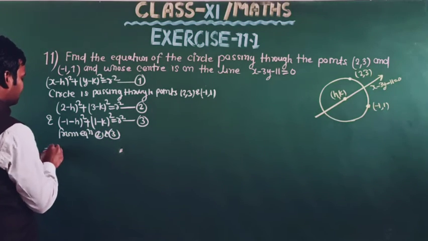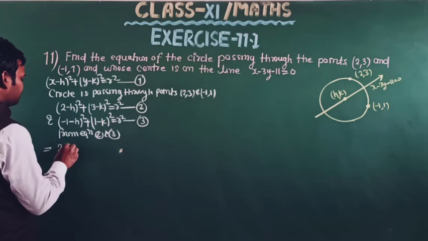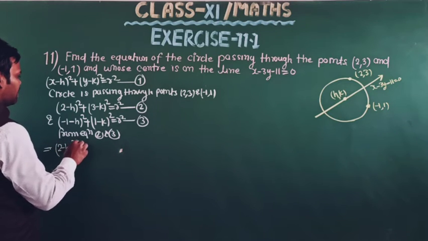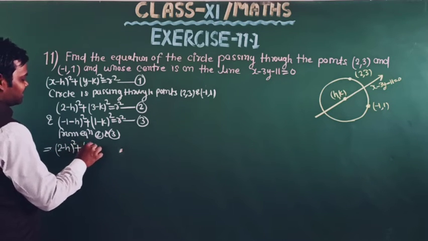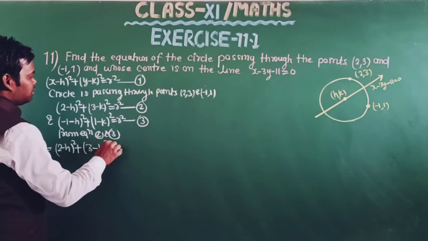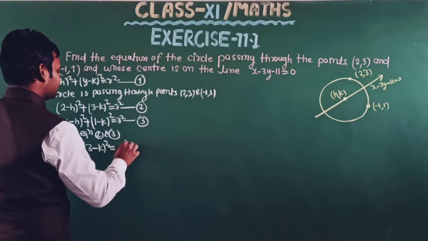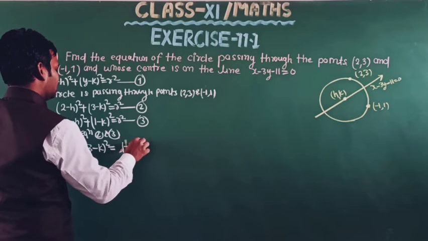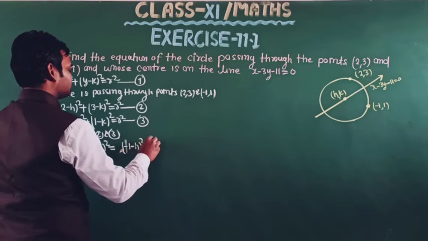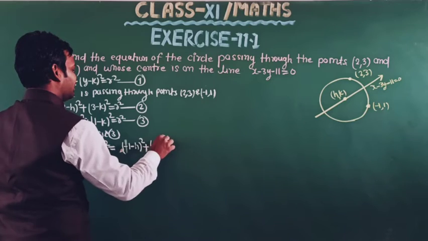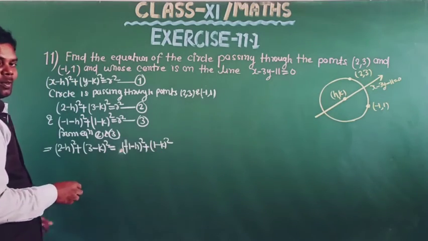So this implies (2 minus h) whole square plus (3 minus k) whole square equal to (-1 minus h) whole square plus (1 minus k) whole square.